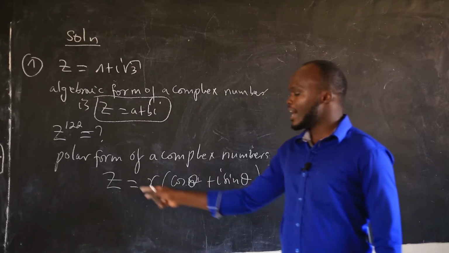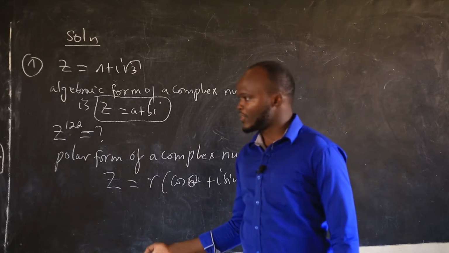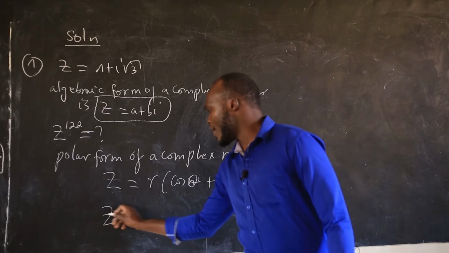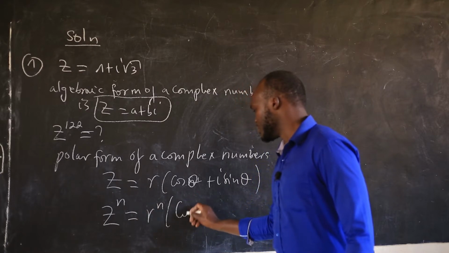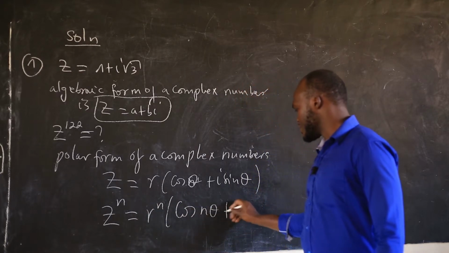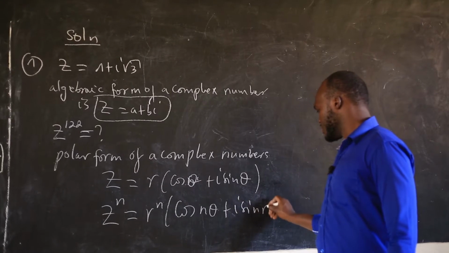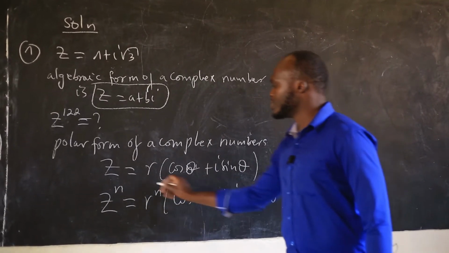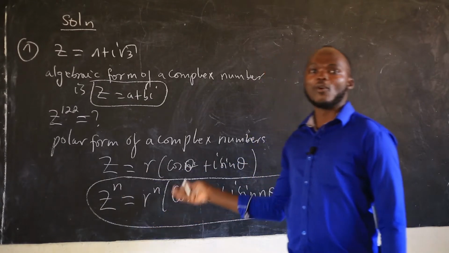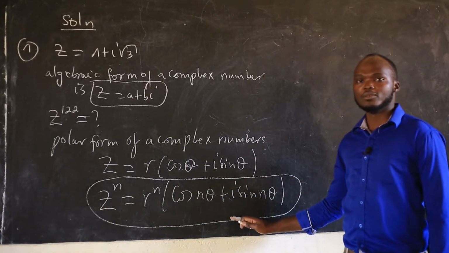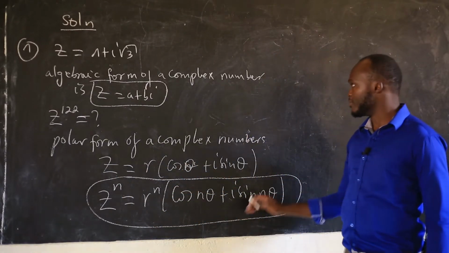Now when it has a power, by using De Moivre's theorem, when you have z power n, this becomes r power n into bracket cos n angle plus i sine n angle. So you have to remember this formula. That's how we can convert from polar form to algebraic form.